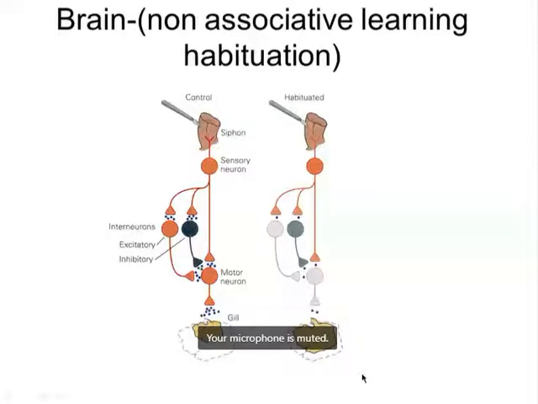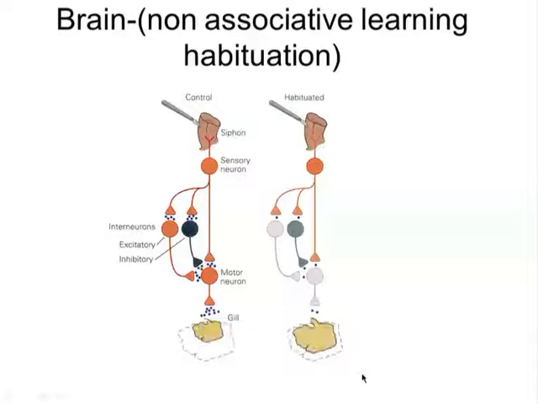Am I clear? And that is called sensitization. Is it clear or not? Clear, sir. Okay.